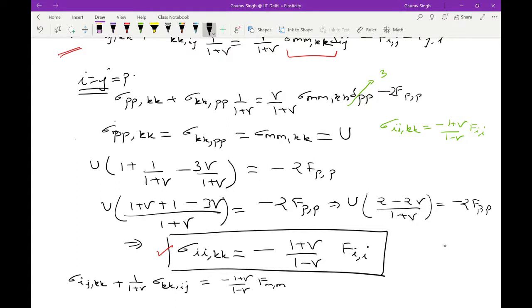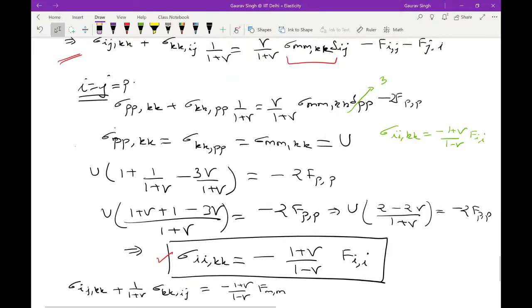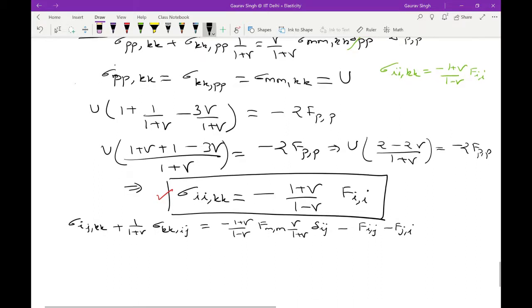Then we would have nu by 1 plus nu, and then you should have a delta ij, and f i comma j minus f j comma i.